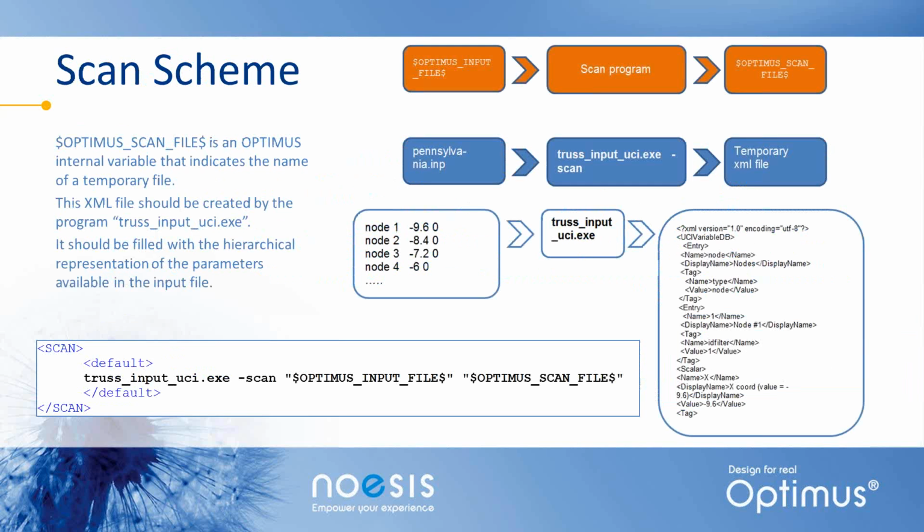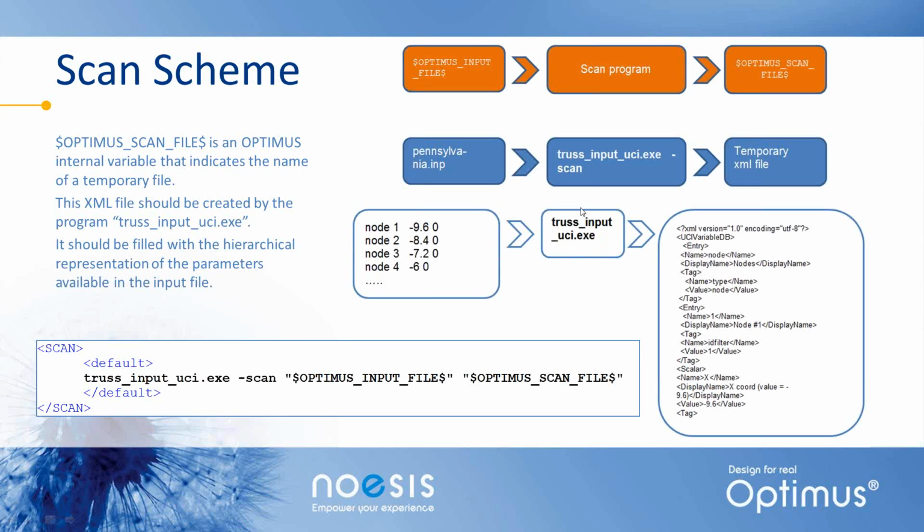Let's try to explain this with a scheme. We need to code this scan program in order to take into account the original input file of our executable and to transform that into a temporary XML file listing the parameters in a format that Optimus can read. So in the case of our truss, for example, we have an input file like that.